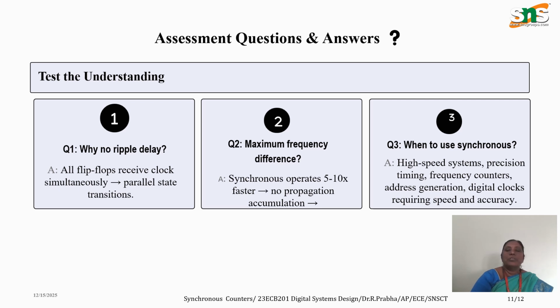And we use synchronous counters for high speed, high frequency applications, precision timing, address generation, and digital clocking that requires speed and accuracy. So this is about the counters in the design thinking approach: its operation, need, applications, advantages and disadvantages.